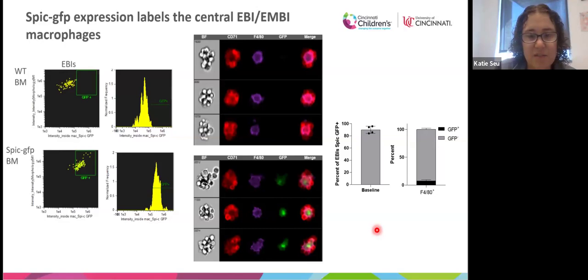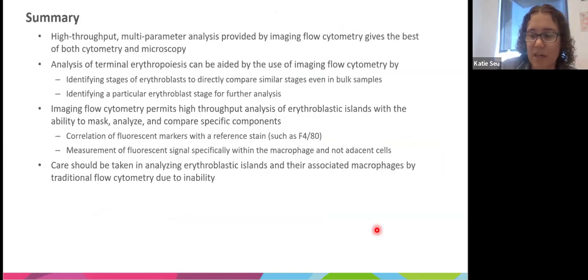So that concludes my vignettes about the applications of imaging flow cytometry to study erythropoiesis. Just to summarize, the high throughput and multi-parameter analysis that you get from imaging flow cytometry gives you the best of both worlds. You have all the best features of cytometry and microscopy.